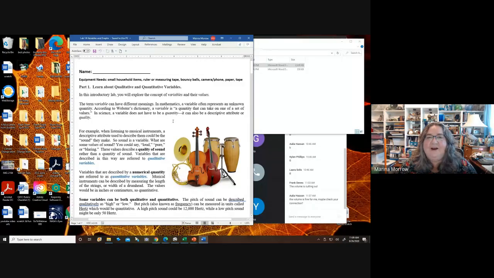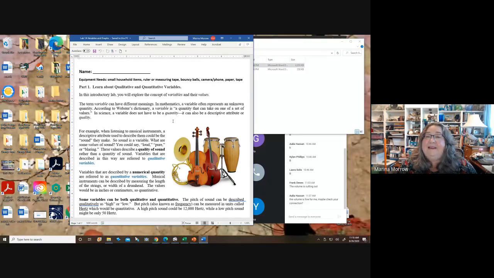Like Galileo looking at the pendulum swinging. What was his variable? The length of the string, the length of the chain that was holding the lanterns. That really was his variable. It took on a set of values. And then he timed it. That was another variable.